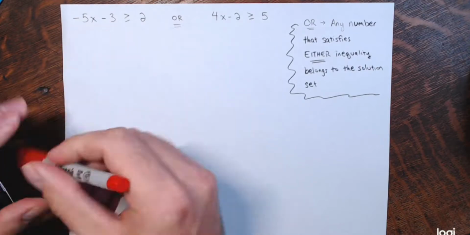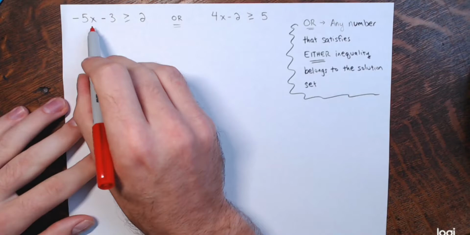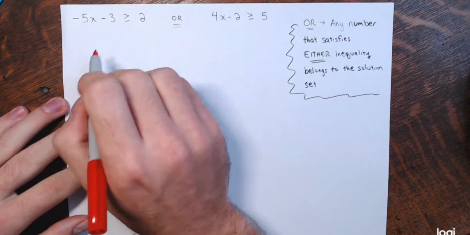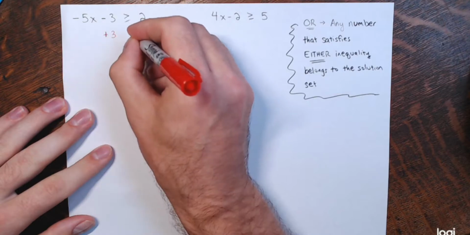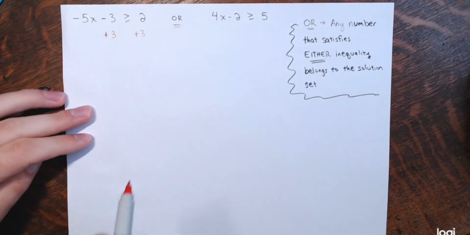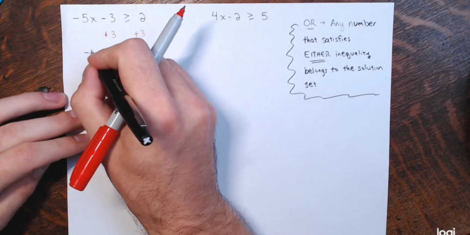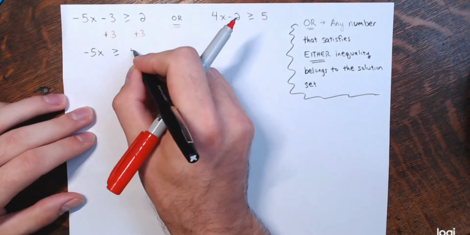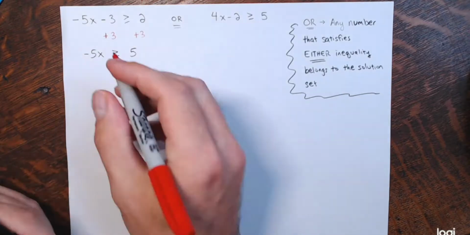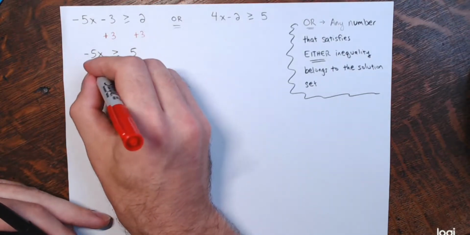For the first one, I want to get the variable alone on one side. Usually I like it on the left. So first I'd add 3 to both sides. That gives me negative 5x on the left is greater than or equal to 5 on the right. Then I would divide both sides by negative 5.